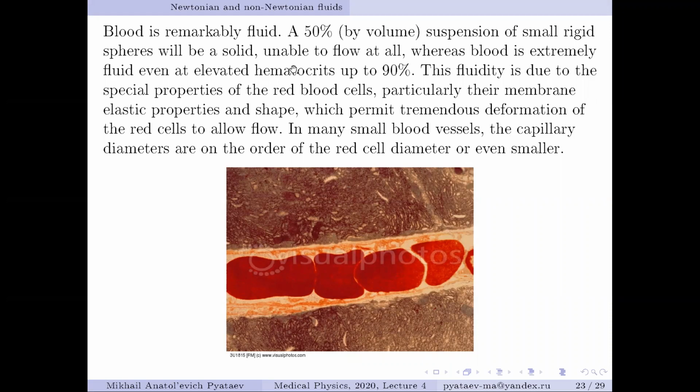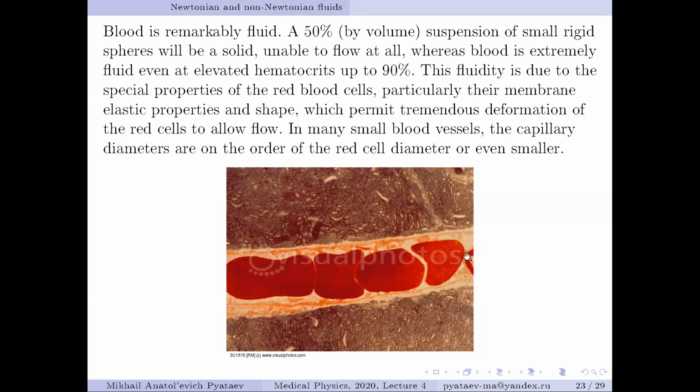But blood remains fluid even if the volume part of red blood cells is about 90%. It is because the cells are very elastic. They permit tremendous deformation and that allows them to flow through the small vessels, as I told you before.